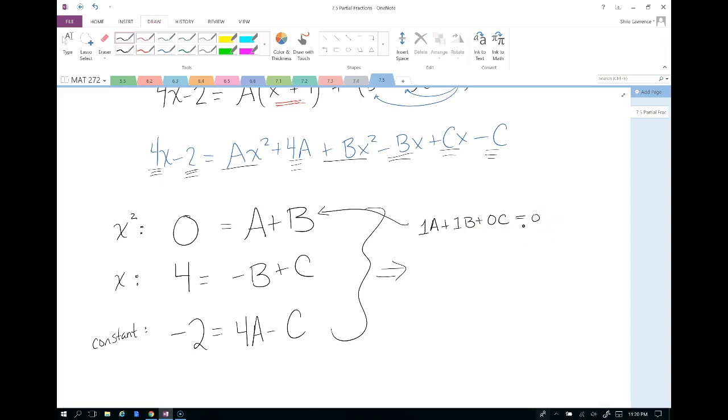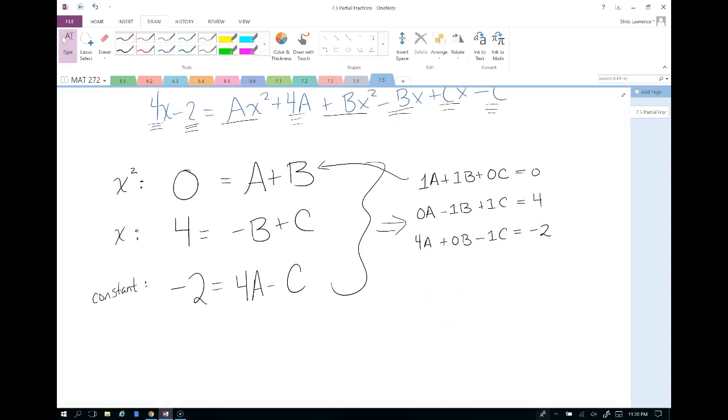I want to know exactly how many a's, b's, and c's I have. So my second equation has no a's, a minus 1b, and a plus 1c, and it's equal to 4. And then my last equation has 4 a's, 0 b's, minus 1c, and it was equal to negative 2.